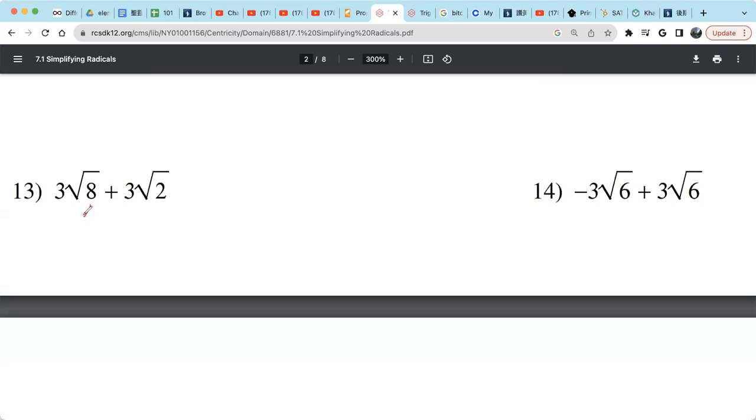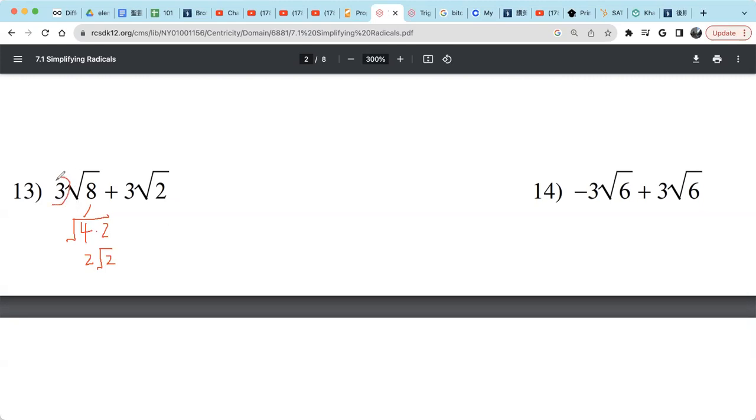So number 8 is 4 times 2, right? Square root of 4 is 2. So square root of 8 is 2 radical 2. See, when we simplify some certain radicands, we see the beauty of it is related with some others. So now we see square root of 8 is 2 radical 2.